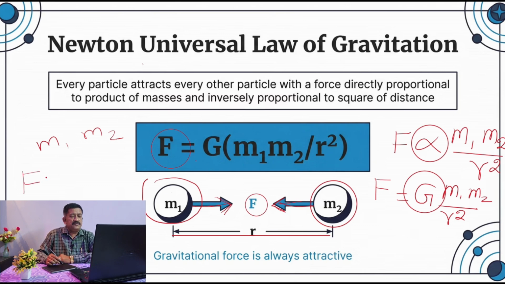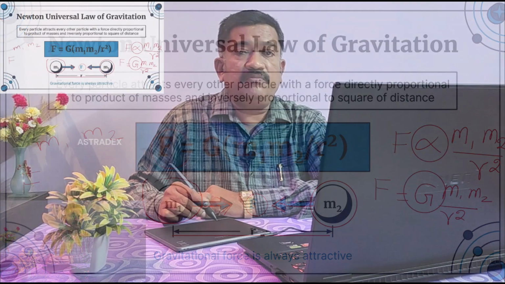After that, if you substitute all the values, you will get the force. Sometimes they will ask whether the force is attractive or repulsive. In this case it is always an attractive force. There is no repulsion between the masses. All the celestial bodies in the universe are attracted by Newton's law of gravitation.